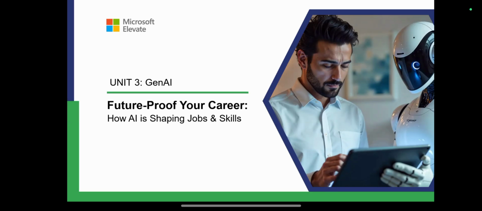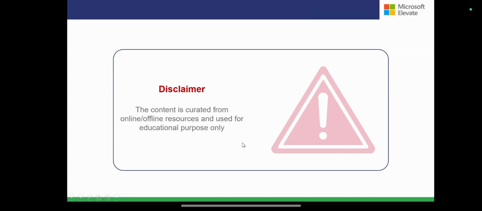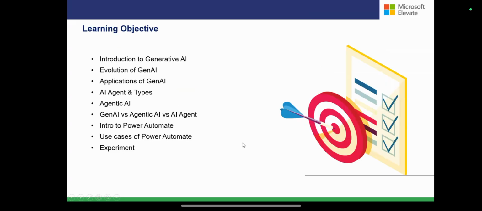It is clear, but that you need to find out. Okay. So now, the first thing in today's PPT, we'll learn generative AI, evaluation of that application that you know very well already, AI agent and its types.